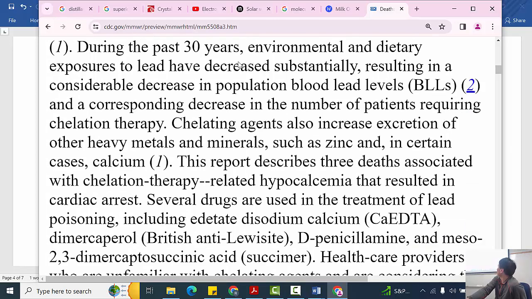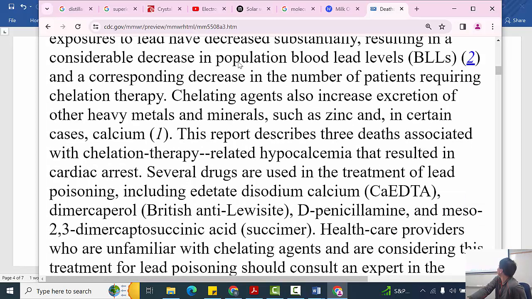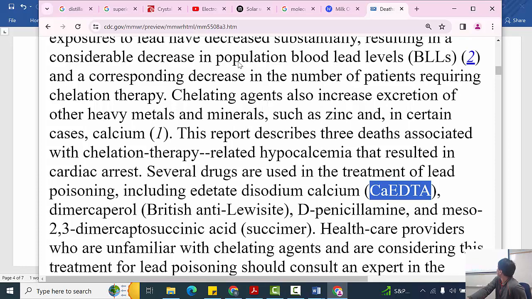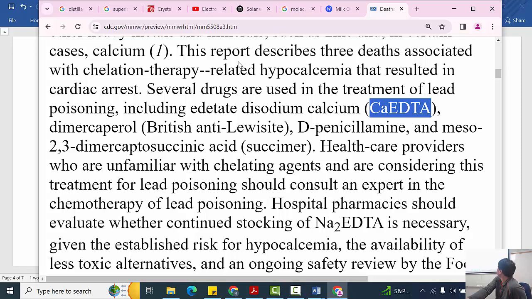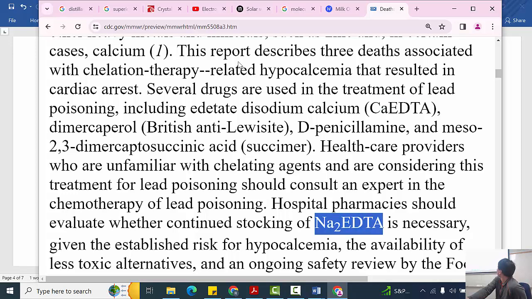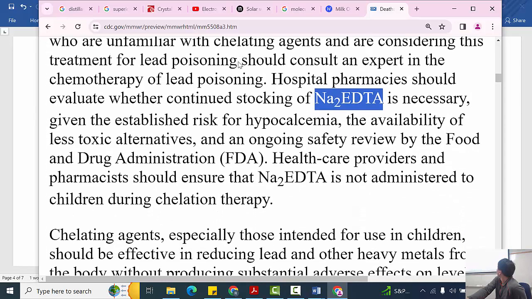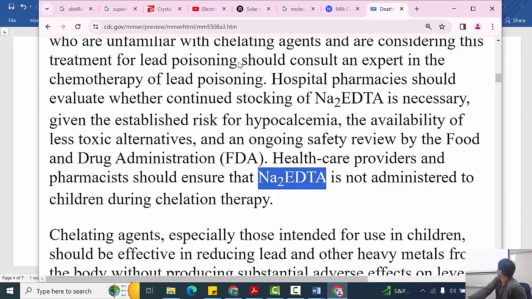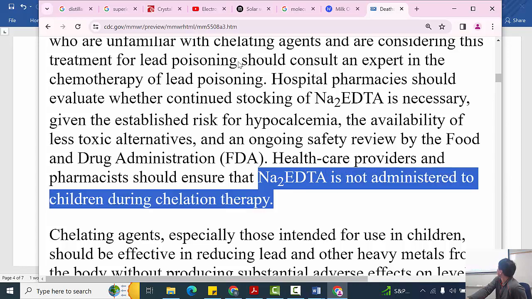So the two common chelating agents are calcium EDTA, which is shown here, and sodium EDTA, which is shown here. Sodium EDTA is more aggressive and is not administered to children.